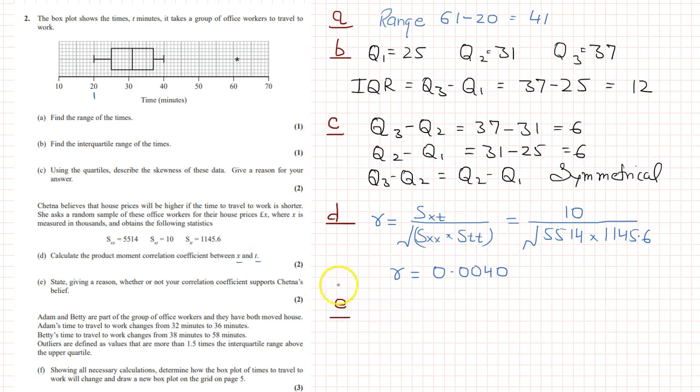Part E. State, giving a reason, just one reason, whether or not your correlation coefficient supports Chetna's belief. R is near 0, almost 0. So there is no correlation.